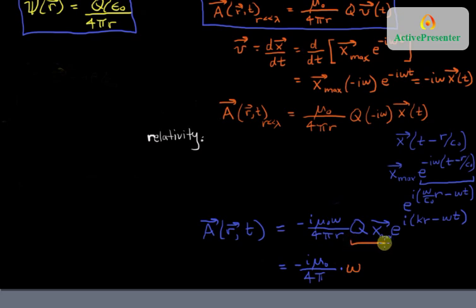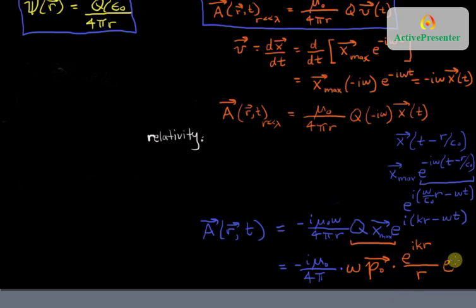Then if I group these two terms together, a charge times a separation, we give that a special name. We call that a dipole moment. And since that's just the maximum strength of the dipole moment, we're going to talk about dipoles a lot. So q x max I'm going to write as the maximum dipole moment p naught. And then I'm going to take the r from over here and emphasize the spatial dependence to show you that this is a spherical wave, e to the i kr over r, as you'd expect since it's a point source.